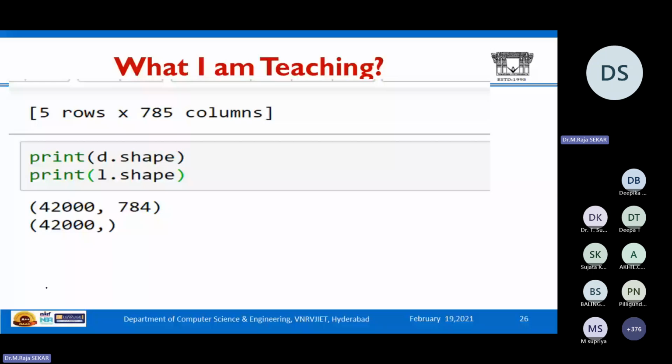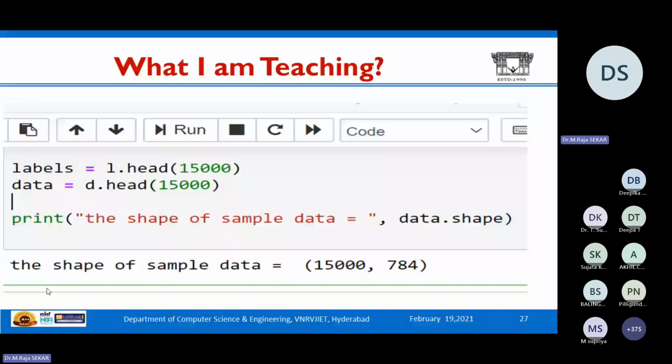Certainly you can understand. Yes, actually I have a 42,000 dataset, in which I am collecting only 15,000 images. Head 15,000 means the top 15,000 images only. You may ask me why I am taking only 15,000 and not 42,000.